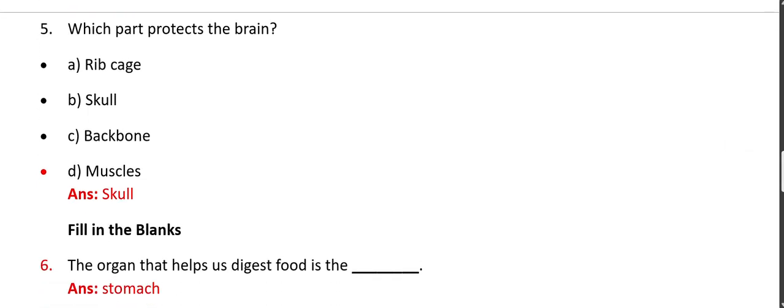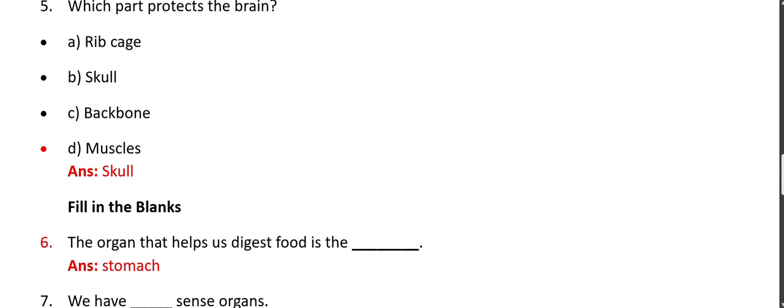Next one, a fill in the blank question: the organ that helps us digest food. In the digestive parts, the mouth, food pipe, stomach, liver and small intestine are all coming. The main part which helps food digestion is the stomach. You have already learned that digestion ends in the small intestine, water absorption happens in the large intestine, and digestion begins in the mouth.